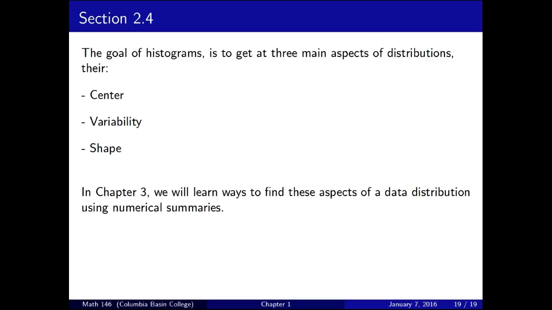And then the shape, is it skewed, is it symmetric? These three things together are the most important characteristics of a distribution that we're going to be really concerned with. And the histogram for quantitative data is a really great way to start to see these things: the center, the variability, and the shape.